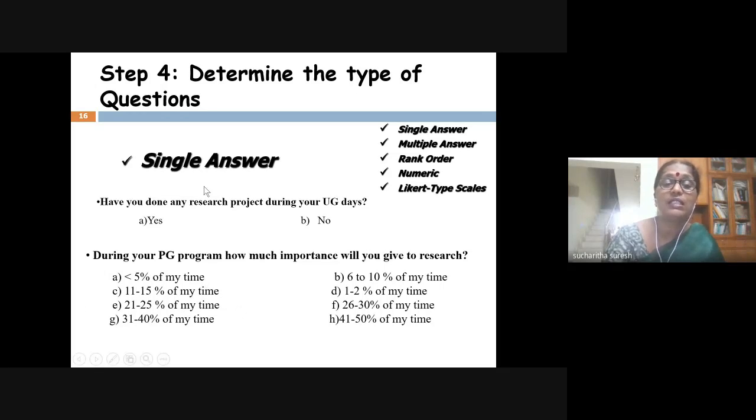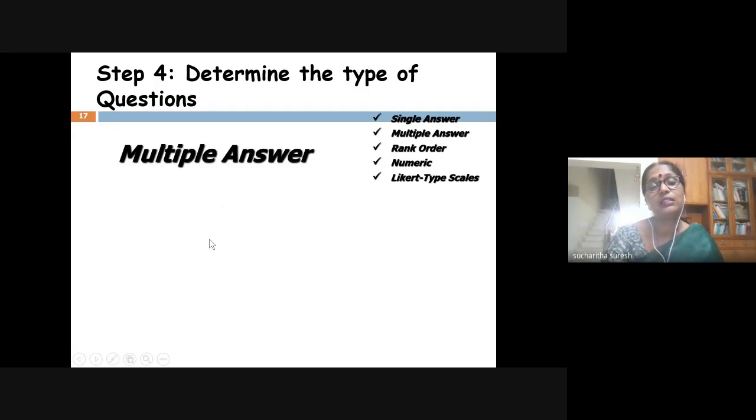That's why it is called a single answer. Even a rating scale has one response only, but that does not come under this. They have to tick any one. That's about single answer.